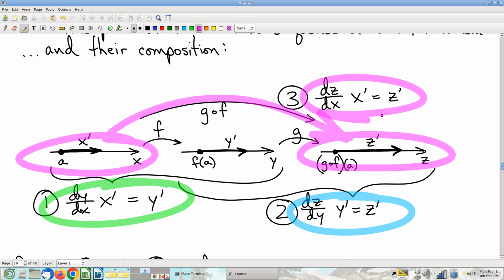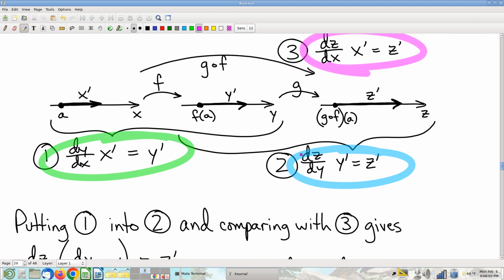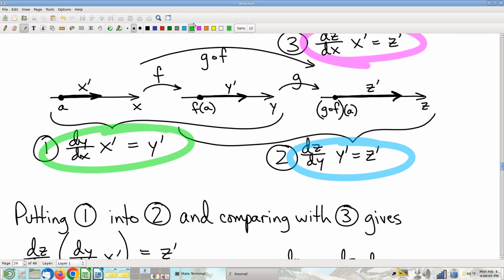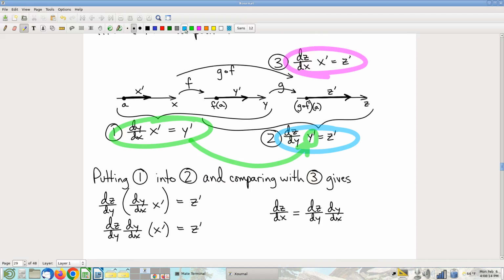Okay, so with those all noted, here's the tricky move. What I'm going to do here is I'm going to take this formula for y prime, and I'm going to plug it into here, and that turns equation 2 into this, which I can rewrite as that. Now, all I did is I just plugged in this formula for y prime into here and recopied and rewrote.